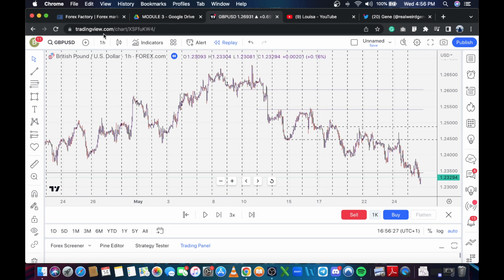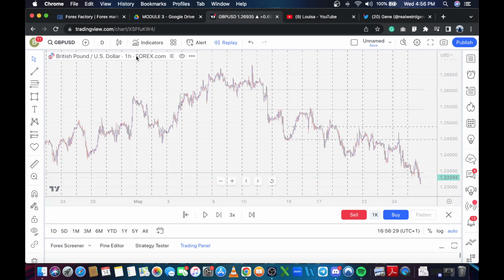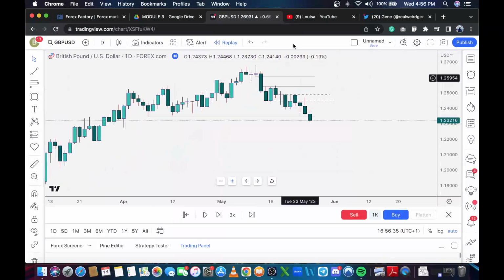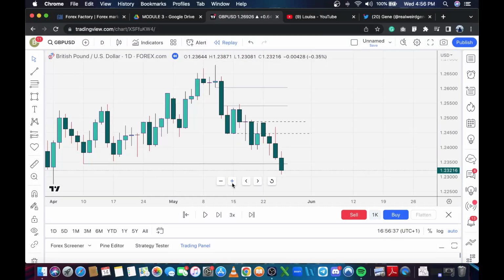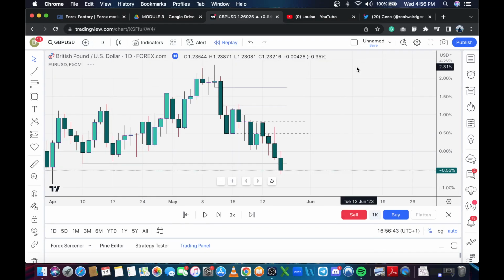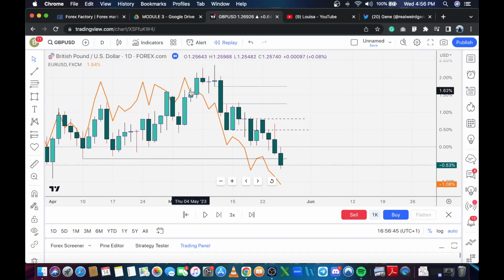Now, if you look at this in cable again, if I go to daily time frame, I wanted to use your chart from last week, but I think this communicates the message even better. If you look at cable like this, and you compare that with euro, you're going to see euro is making a lower high, as cable was making a higher high there, and you have your SMT divergence.